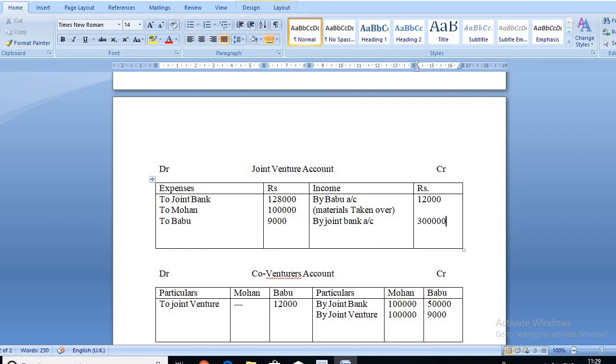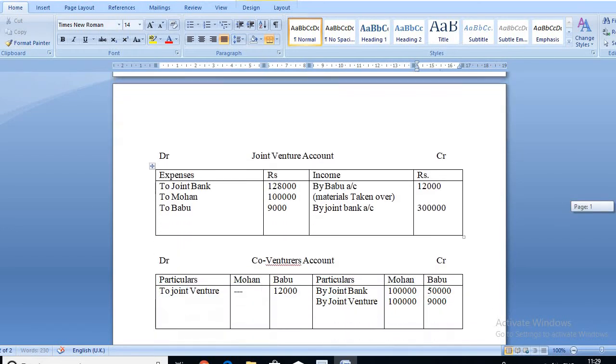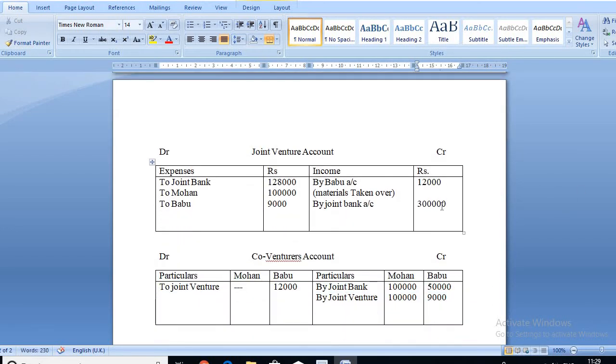Now all the transactions are over. Sorry, before that we have to make a cross posting. Here joint bank account is debited, so joint bank account is credited. For the same entry, we have to make cross posting, because each entry has two aspects, one is debit, one is credit.